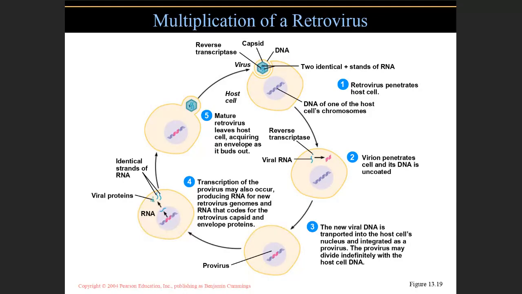When it infects a cell, the problem is how does more RNA get made from the RNA? And the way is to make a DNA copy first. The problem is our cells do not have reverse transcriptase. So HIV actually carries the enzyme reverse transcriptase with it. So when HIV infects a cell, the enzyme reverse transcriptase makes a DNA copy.